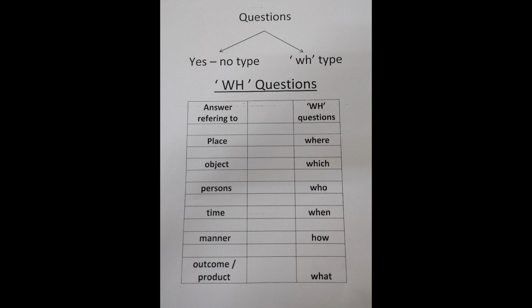When we are talking about the time, then in the question we have the word when. And if the answer is about the manner, then in the question we are using the word how. And if we are talking about outcome or product of activity, then in the question we use the word what.